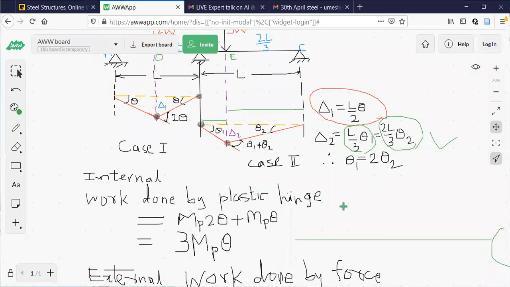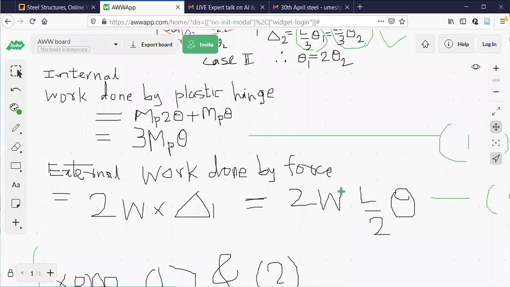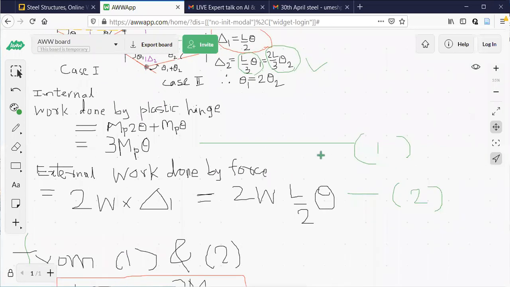As I told you, you can start with external or internal work and equate them. There is no hard and fast rule. If you want to start with the external work done, it is quite simple here. Equations 1 and 2 must be equated. One is the internal work done by the plastic hinge, the other is the external work done by the force. By the principle of virtual work, you must equate these two.